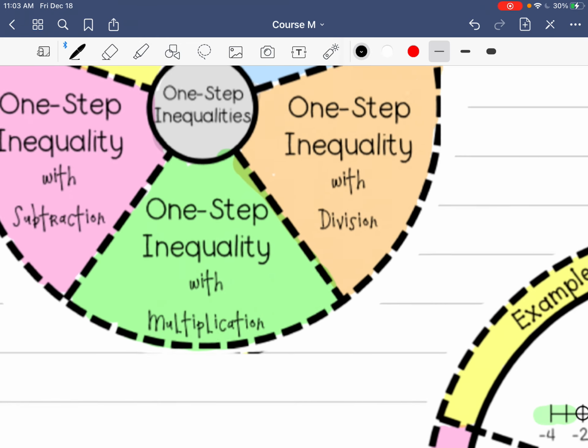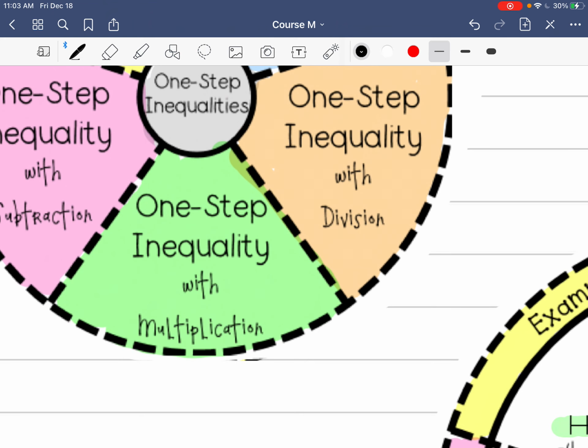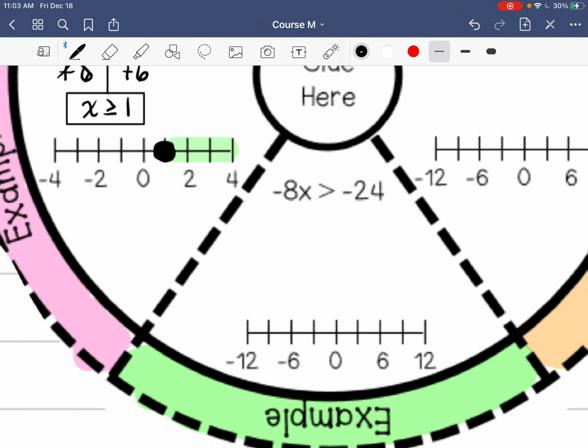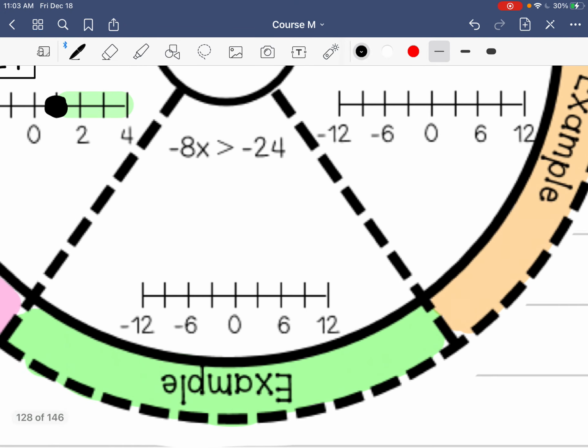This time I'm looking at the green section, one step with multiplication. And that's right in here on example. Power T. Be careful. Here's variable and here's constant. But we are dividing by a negative 8.